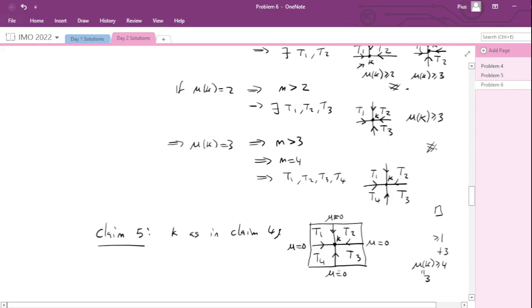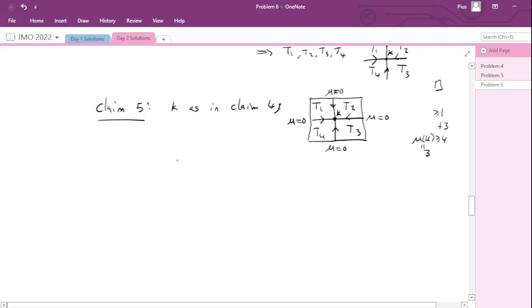This has to be 0, and not just this, but also that if K prime is at the boundary of T1, T2, T3, T4, that's this bigger square, the 2 by 2 square.